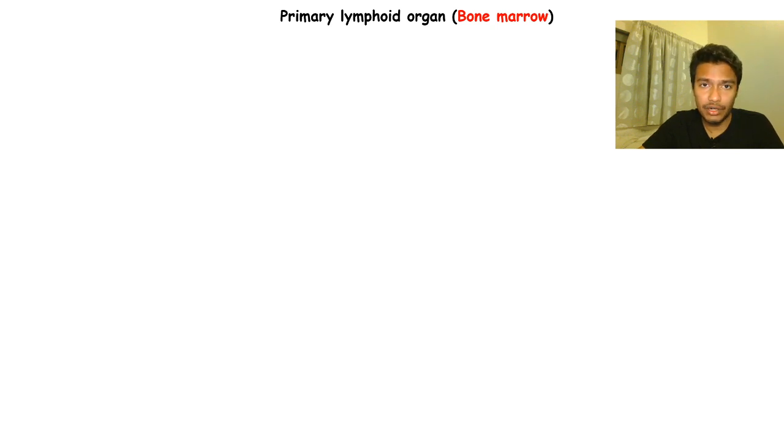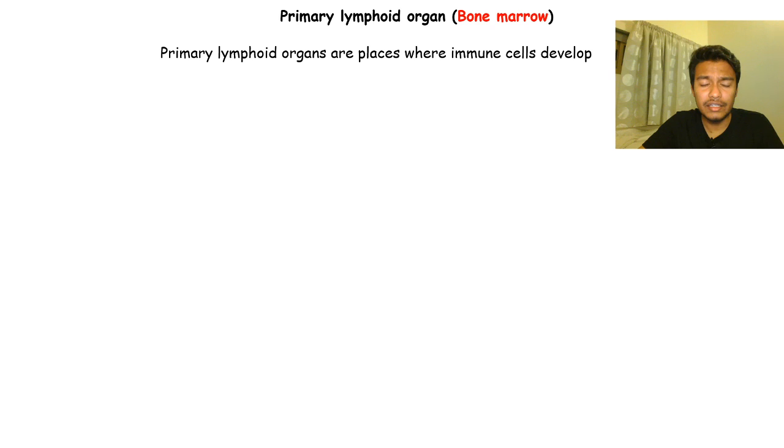Primary lymphoid organs are the places where immune cells are born and spend some time of their developmental phase, and later on maturation takes place in the secondary lymphoid organ or in tertiary ones. So let's look at what primary lymphoid organs we have in our body.